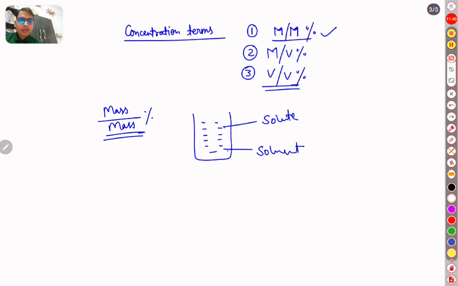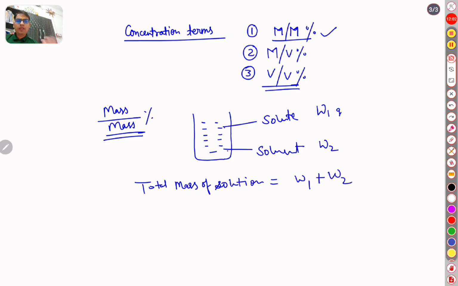Suppose solute is W1 gram and solvent is W2 gram. Then what is the total mass of solution? W1 plus W2. Very easy.